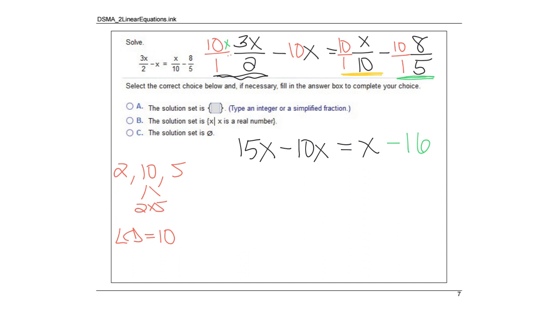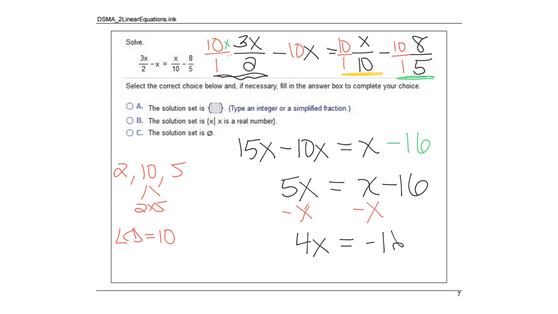On the left here, we have 15x minus 10x. That gives us 5x. On the right, there's not really anything we can do to clean up because they're not like terms. So let's move our x over. Minus x, minus x. That leaves us with 4x on this side, negative 16 here.